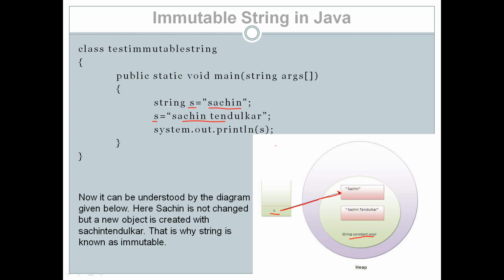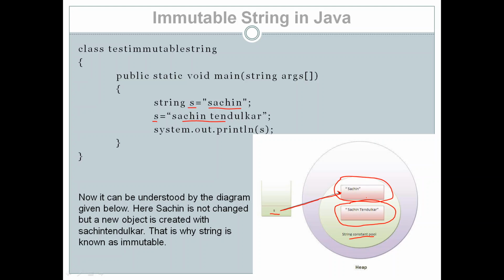It will not change the content of the original string object. Remember, the original string object which has the content Sachin is not modified, but whenever we try to change the content, it always creates a new string object. You can see here, a new string object is created. The content of the original string object is not changed.